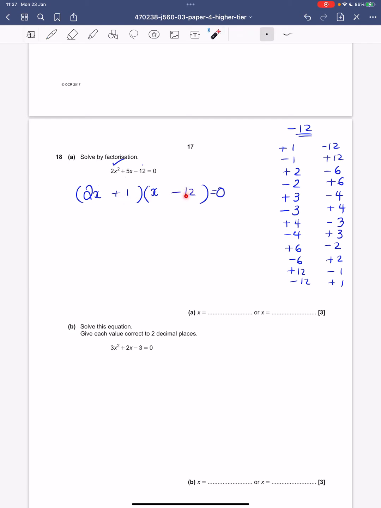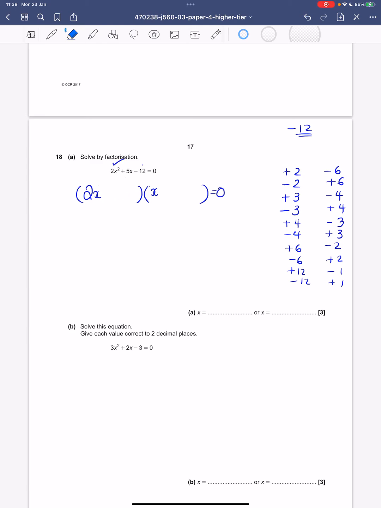There's going to be plus 1, minus 24. It's not going to give us plus 5. Okay, we don't want that one. Then if we change it to minus 1 and plus 12, minus 1x plus 24x doesn't give us 5. Okay, so those two have been checked.